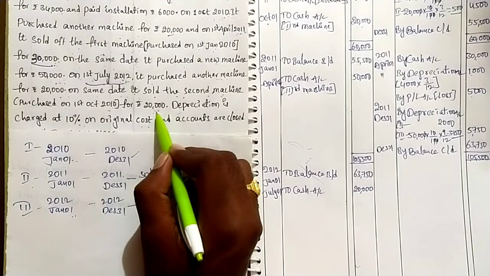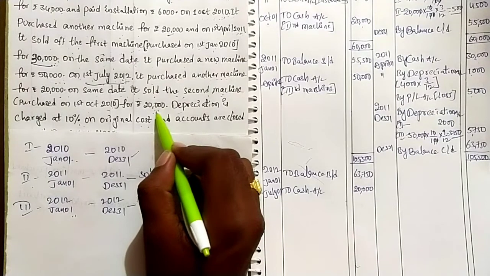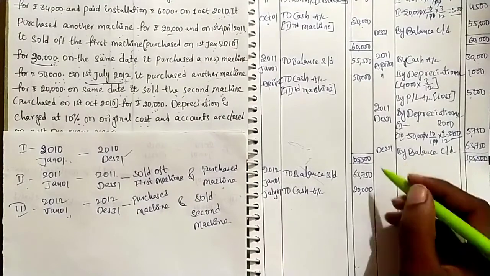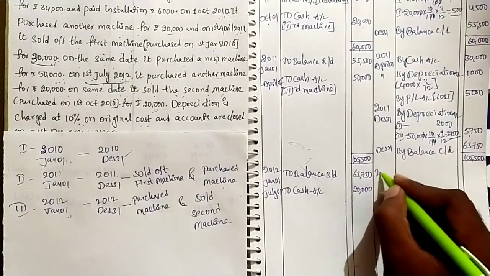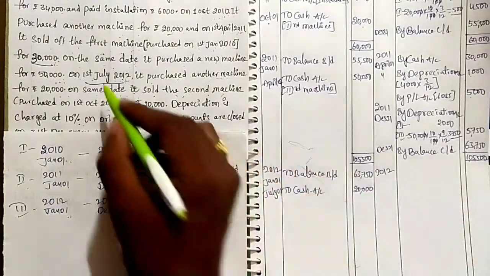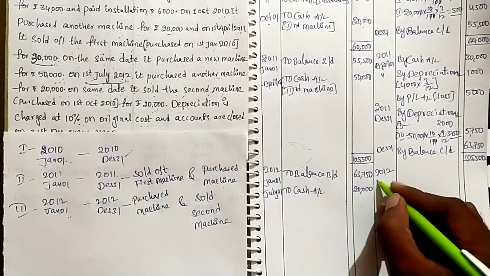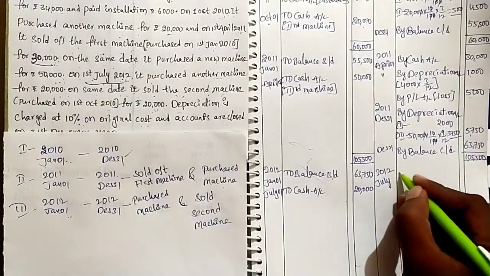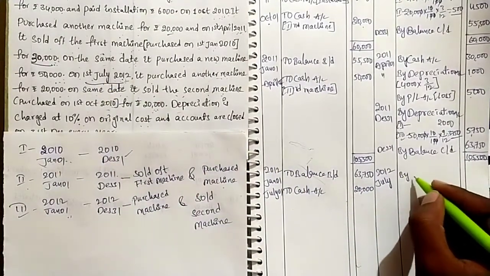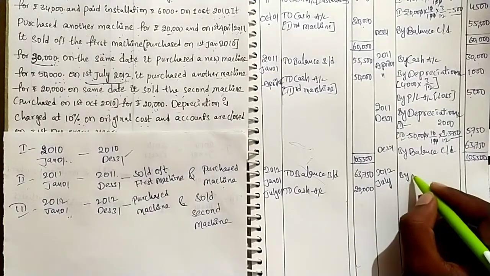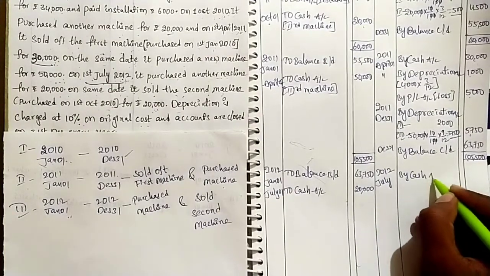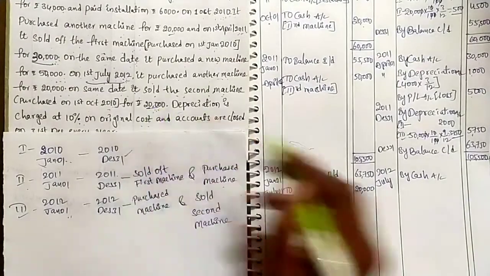At the time of sale of machine, machinery account is credited, so we have to write in the credit side. The date is 2012 July 1st. Machinery goes out but cash comes in, so cash account is debited. Cash account, how much? 20,000.